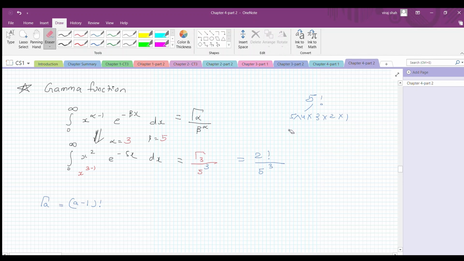You must have done this in college or school. But it was just for your understanding. So 2 factorial is nothing but 2 into 1 upon 5 raised to 3. If you feed this in your calculator, it would be nothing but 0.016. Okay.